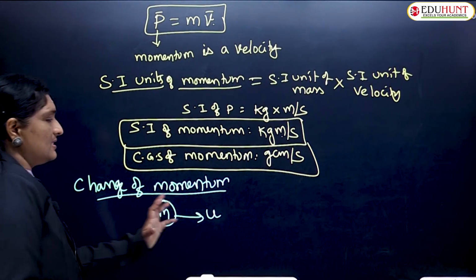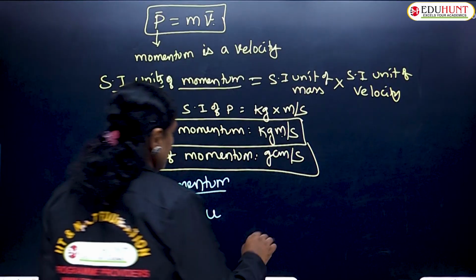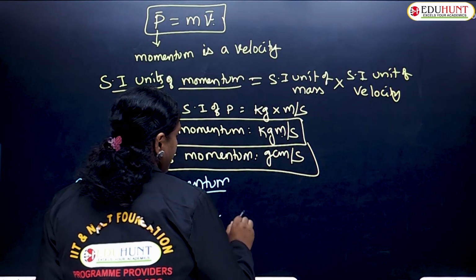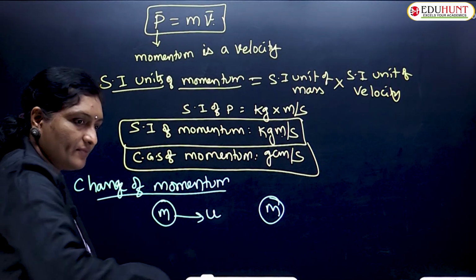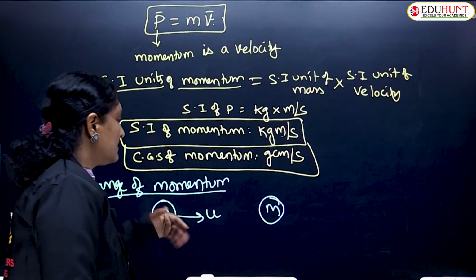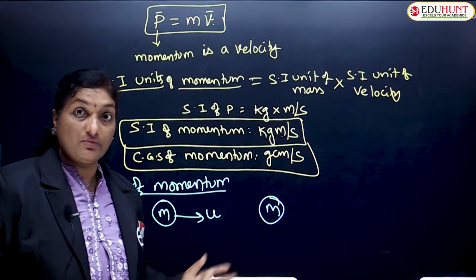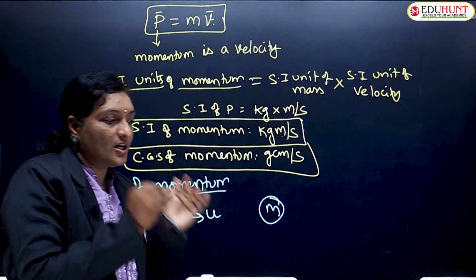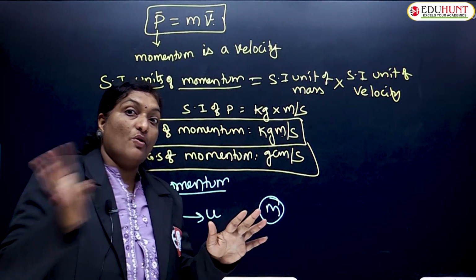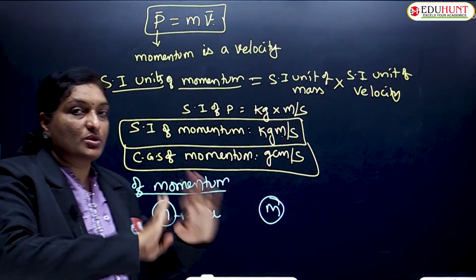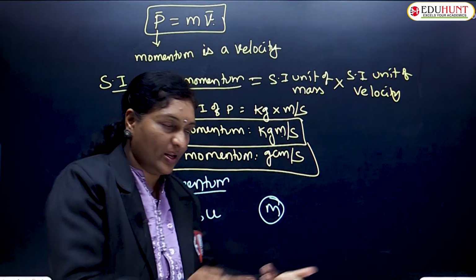Whenever a force is applied on it in the direction of its movement, its speed may increase, because force is being applied. Initially it is moving with some initial velocity u. As the force is applied in the same direction of motion, its velocity may change to some v.